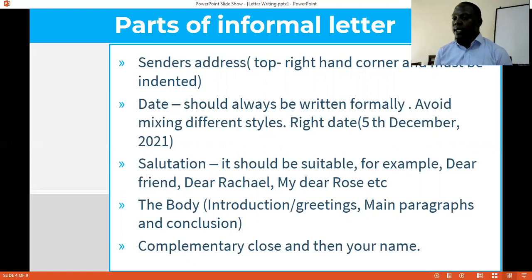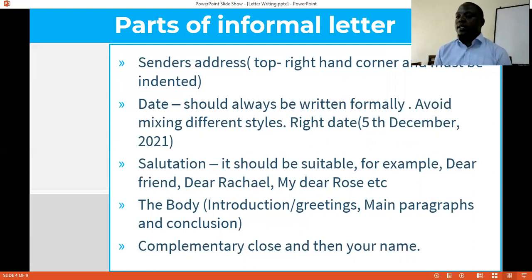And we shall see with the example what indenting is. That is followed by the date, and that date should always be written formally. When we talk about formally, it should be written in full. An illustration is there, 5th December 2021. The comma comes after the month.